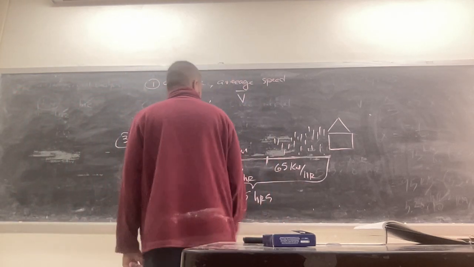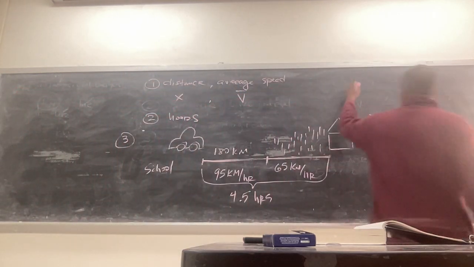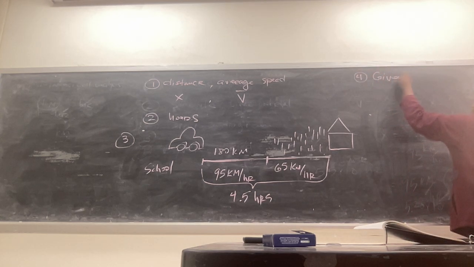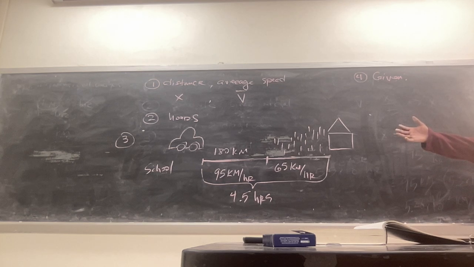Okay. So step 4 is givens, right? What are they? 4.5 hours. You gotta tell me what they are. Distance is 180 kilometers. The total distance? Been driven 95 kilometers an hour. Okay, so the first distance.